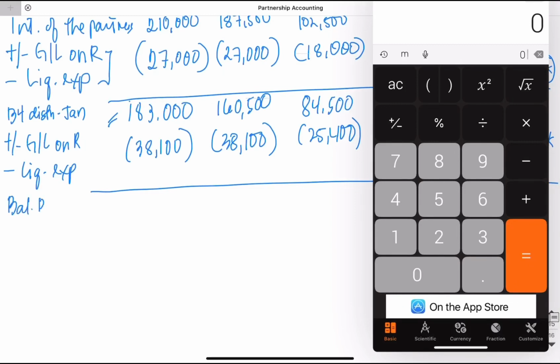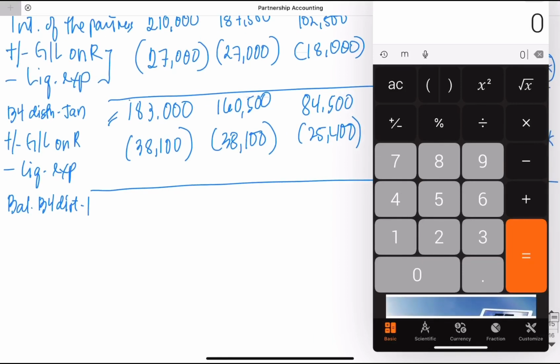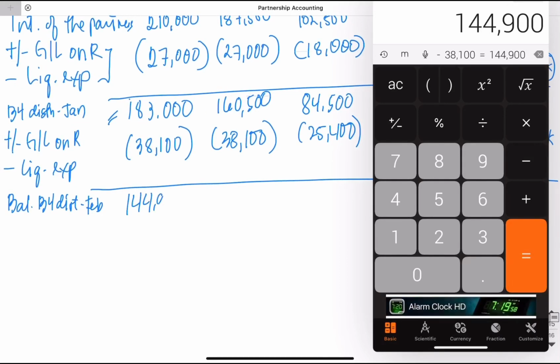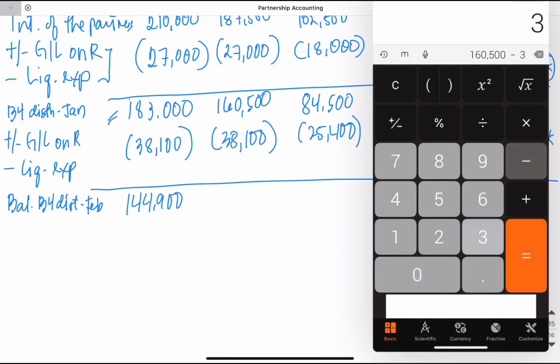Let's compute the balances again before distribution, the balance before distribution in February. So 183,000 less 38,100, we have 144,900. 160,500 less 38,100, 122,400.